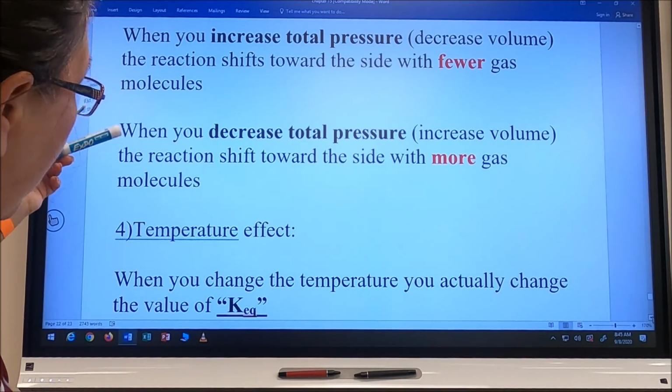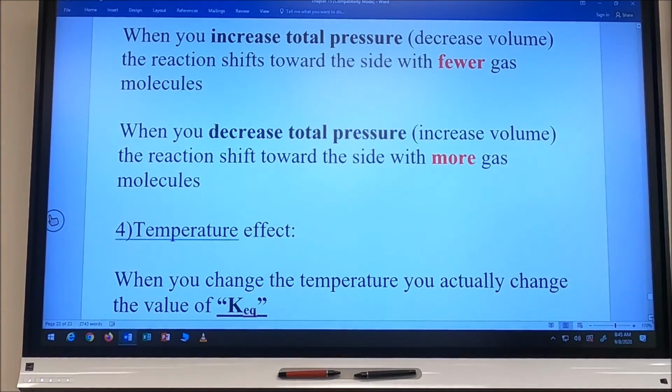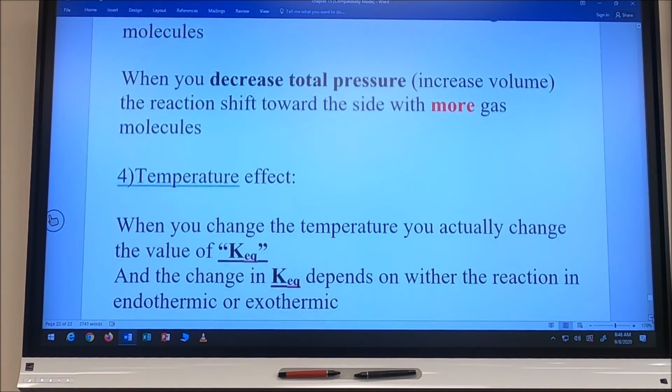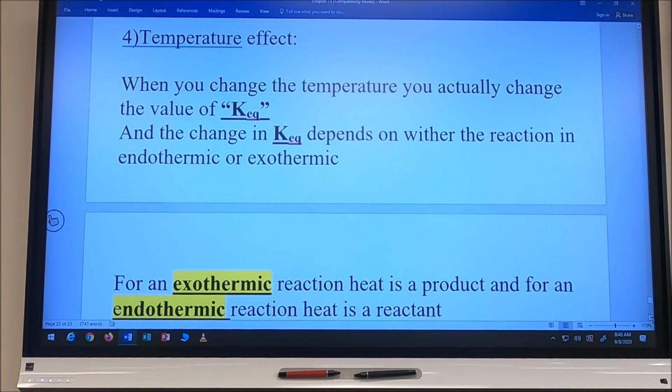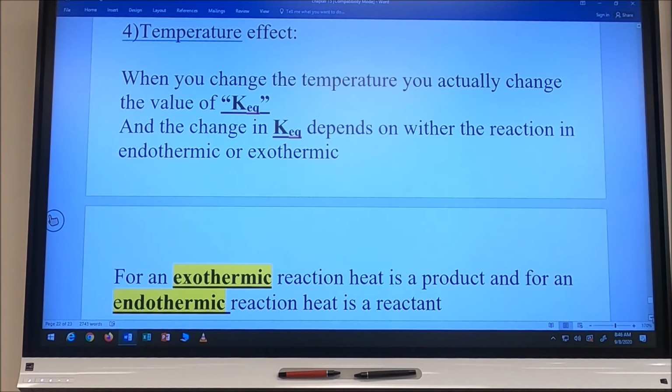So, pressure effects. The last effect for us to look at is the temperature effect. Okay? The temperature effect is going to depend on whether the reaction is endothermic or exothermic, and changing the temperature actually changes the value of the equilibrium constant.